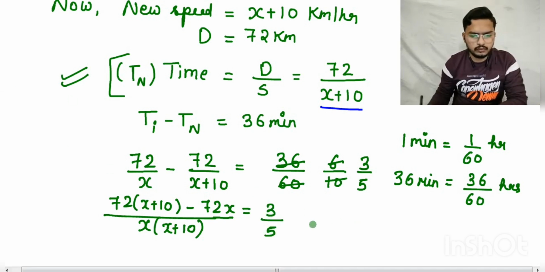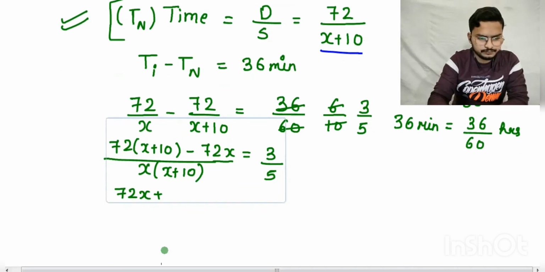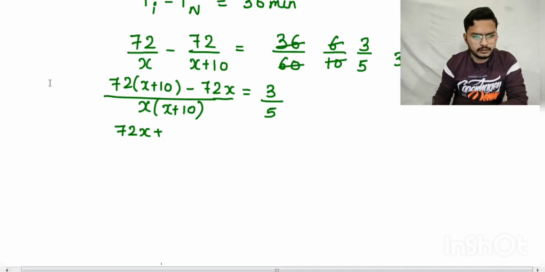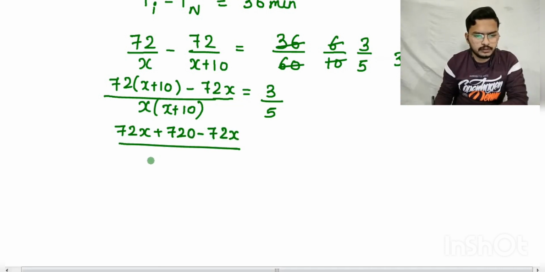Now you can simplify this one, so that is 72x plus 720 minus again 72x, upon x square plus 10x, right? That is equal to 3 by 5. This 72x cancels.